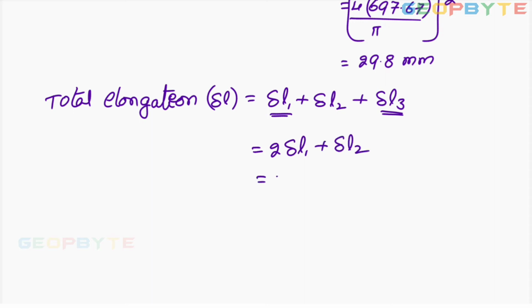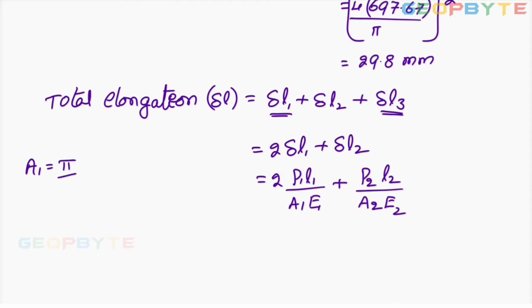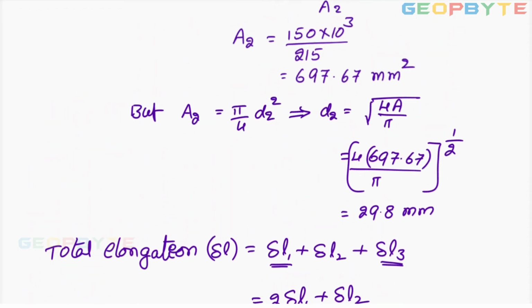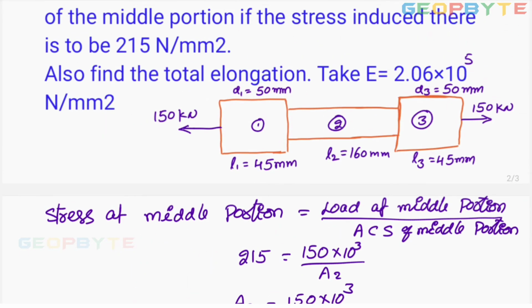It is equal to 2 into P1 L1 by A1 E1, plus P2 L2 by A2 E2. A2 is already found. A1 can be found like this: A1 equals pi by 4 into D1 square. The diameter for section 1 is 50 mm, and of course for section 3 also 50 mm.